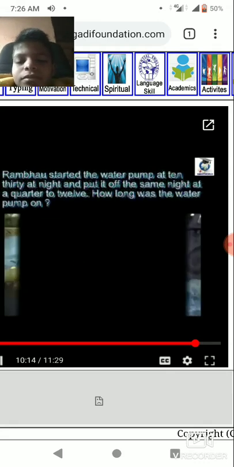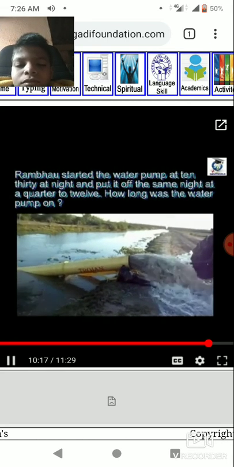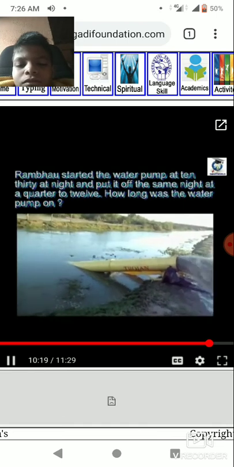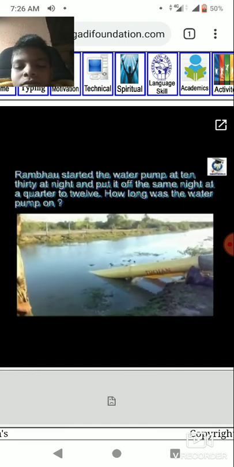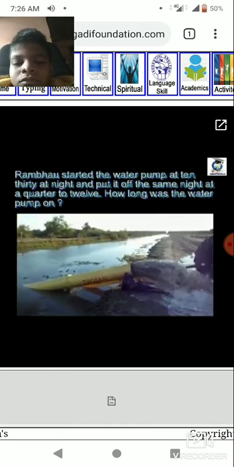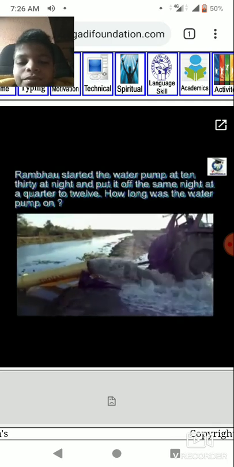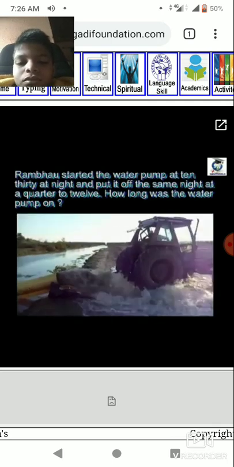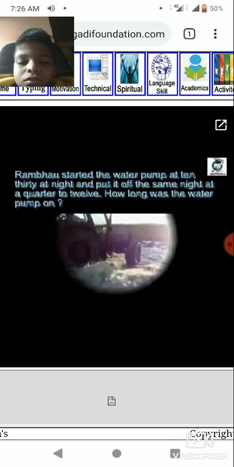Next, Rambhav started the water pump at 10:30 at night and put it off the same night at a quarter to 12. How long was the water pump on? We'll use the 24-hour clock.